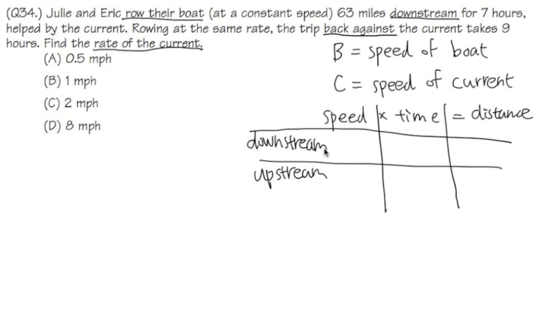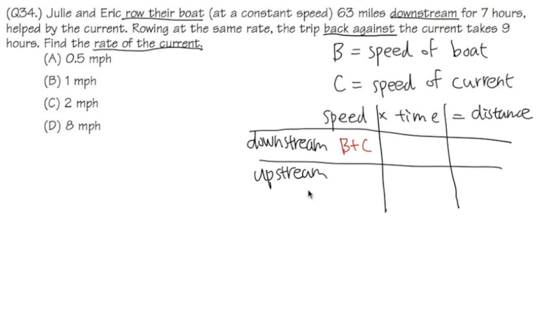When we go downstream, we have the speed of the boat and also the speed of the current. The water is helping them go faster, because they are going downstream, the water is pushing them down, so they are going faster. So we are just going to add the two speeds together. So for this situation, we have B plus C for the speed when they go downstream.